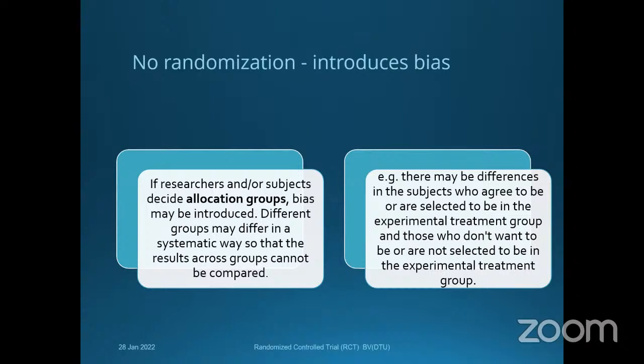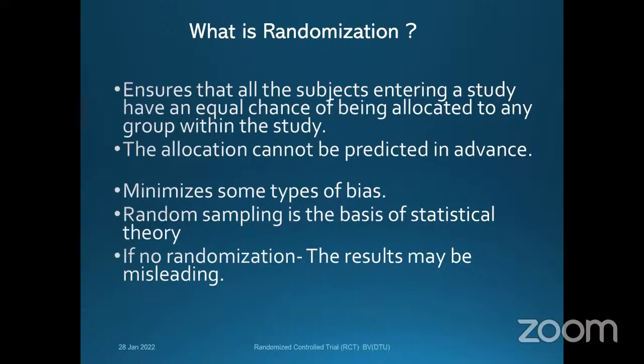So no randomization introduces bias. Randomization ensures that all those entering a study have an equal chance of being allocated to any group within the study. The allocation cannot be predicted in advance. It minimizes some types of bias also. Random sampling is also the basis of statistical theory. If there is no randomization, the results may be misleading.